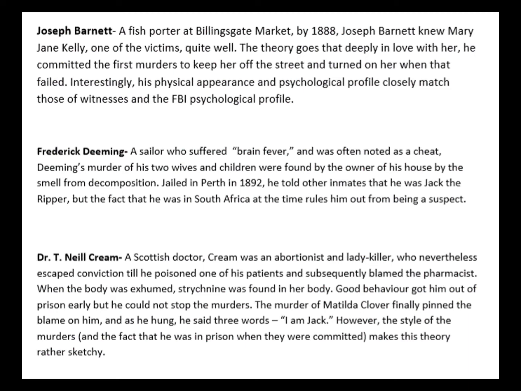And when he was in jail in Perth, he supposedly told the other inmates that he was Jack the Ripper. But the facts we have now tell us that though he was maybe violent and aggressive, and certainly capable of it, he was actually in South Africa at the time when these Ripper murders took place. So it completely rules him out as being a suspect.